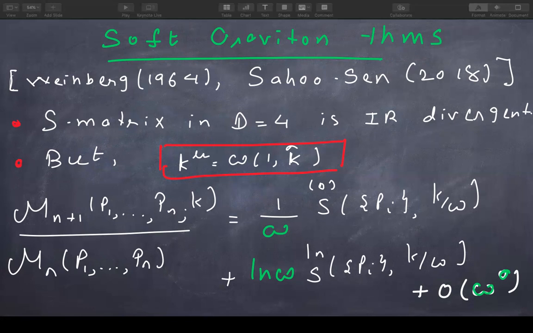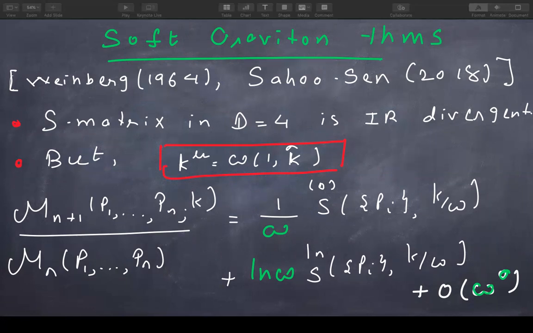They could be momenta of any particles with any spin, and 1 graviton, which we take to be soft. That is, we take its energy to 0. So it's a ratio of the amplitude involving 1 soft graviton and the amplitude which does not involve the soft graviton. It turns out that this ratio is infrared finite, and so it makes sense, and it has a nice expansion in the frequency of the graviton.